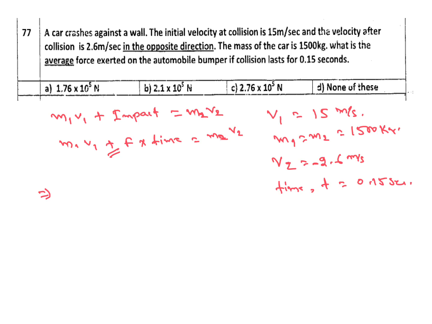So put the values: 1500 into 15, minus the force we have to calculate, the force exerted on the automobile bumper. So F into time is, don't forget to take this negative sign, 1500 into minus 2.6.